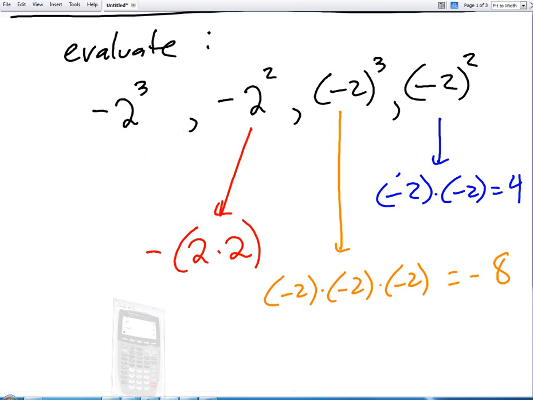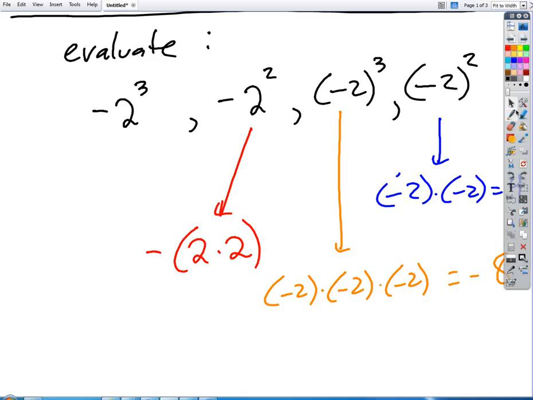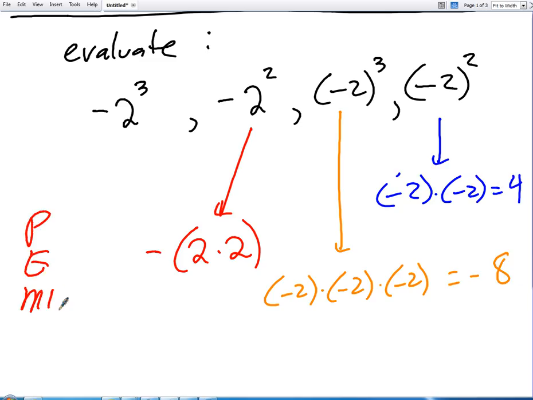How come? Well, because by order of operations, if we follow order of operations strictly, exponents will come before multiplication. And this 2 squared is at the exponent part of order of operations.